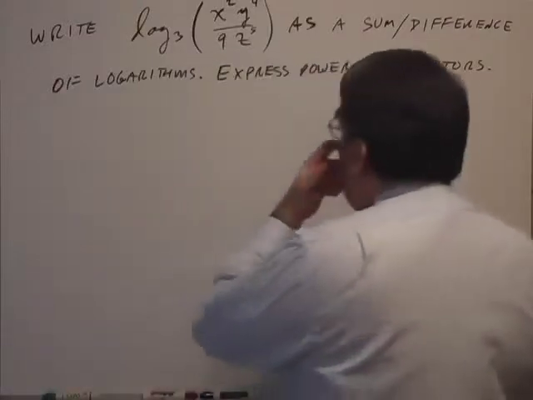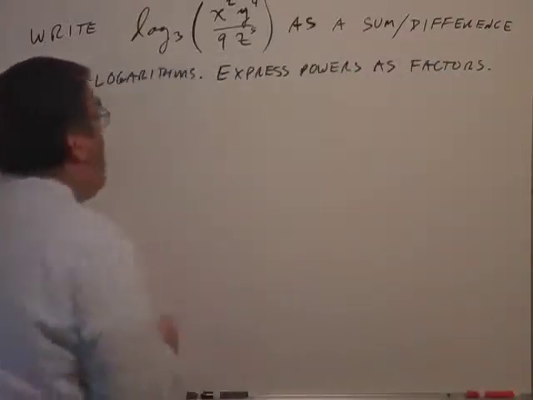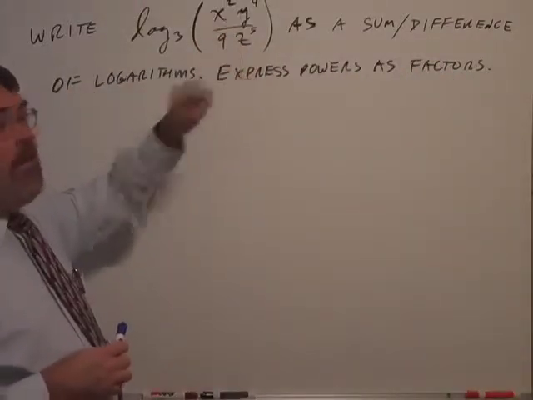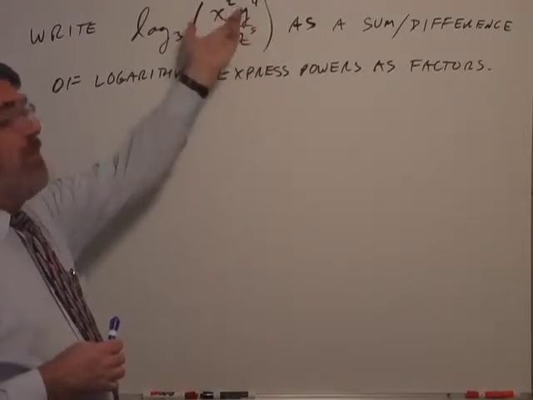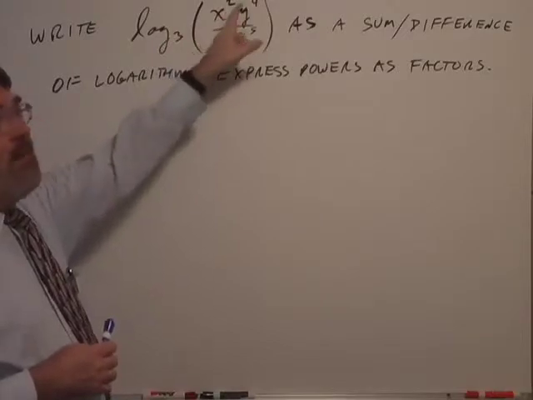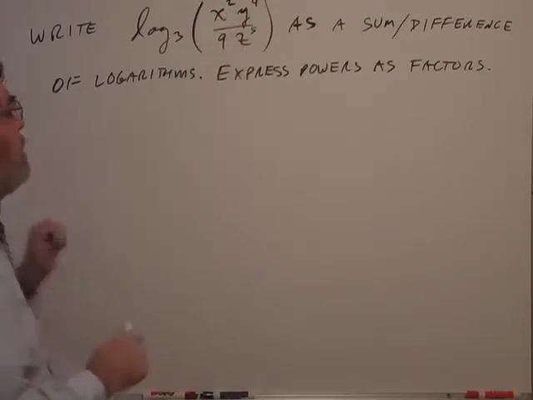All right, well, I'm in base 3 log, and here I've got a product and a difference. And so when we multiply, we split that apart, we're going to be adding these logarithms and subtracting these logarithms.